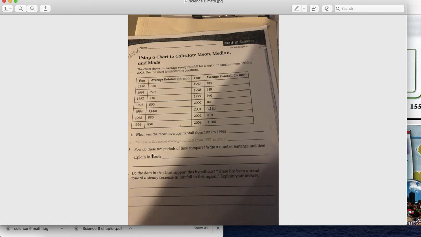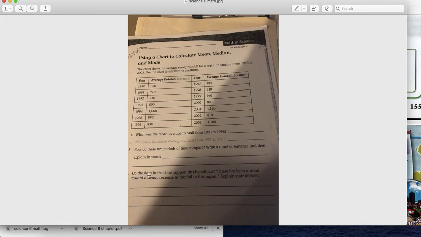Now I'm going to explain that in words, and I'm just going to write, we got less rain from 1990 to 96 than we did from 1997 to 2003. Okay, so they're teaching you this math. Repeating that again for you, math symbol was 850 is less than 923, and I just wrote we got less rain in 1990 to 1996 than we did in 1997 to 2003.